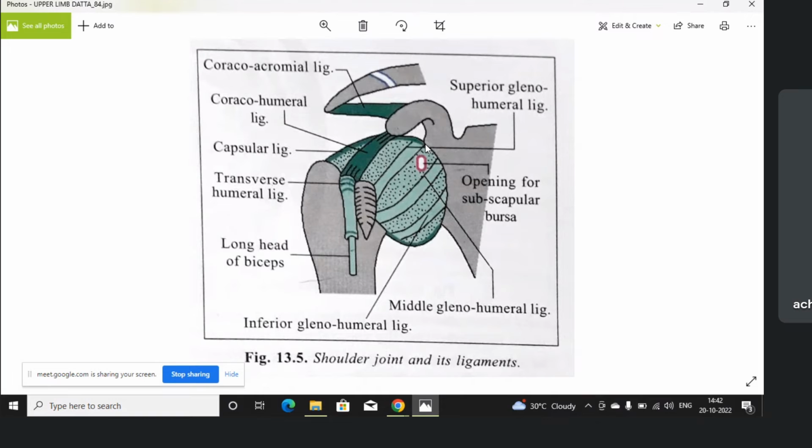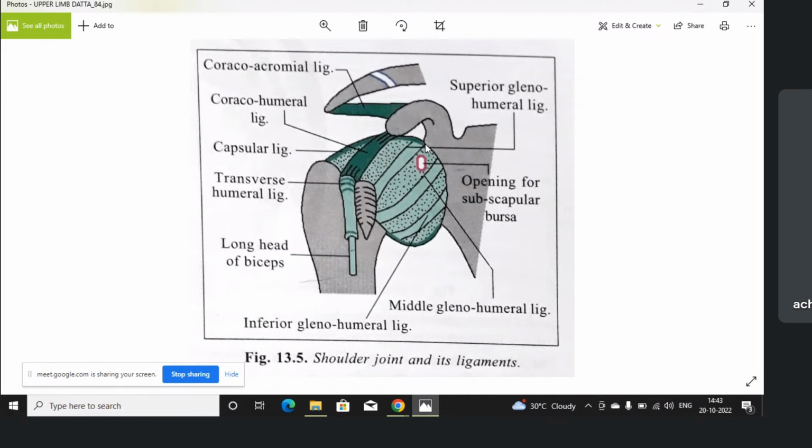Next, glenoidal labrum. It is a cartilaginous rim. It is attached to the peripheral margin of the glenoid cavity.